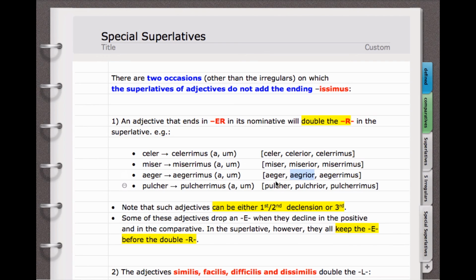It's going to be acer, acris, acre. Pulcher does the same thing. Pulcher, pulchra, pulchrum. The E is going to drop out right there. So we go to pulchrior right here. Notice that in all of them, they keep the E in the superlative form before the double R.